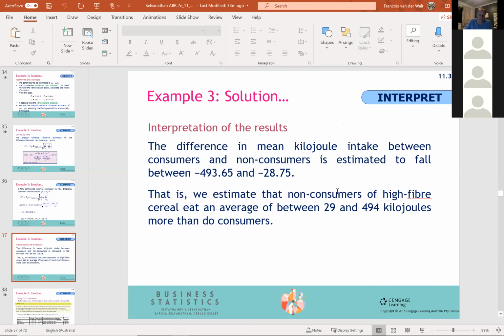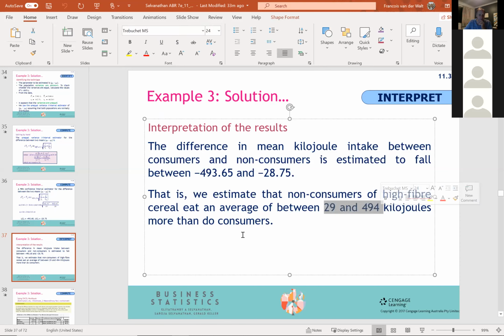That is, we estimate that non-consumers of high fiber cereal eat on average between 29 and 494 kilojoules more than consumers. So people that don't eat high fiber eat 29 to 494 kilojoules more than those that do eat. Okay.